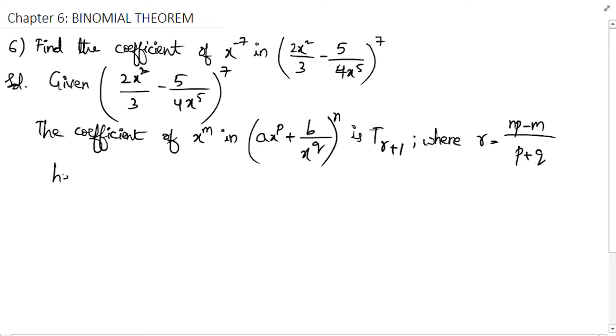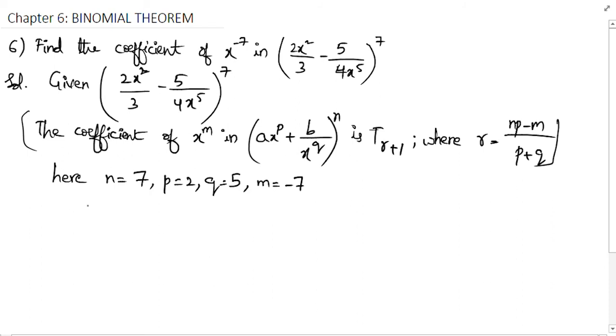So here n is equal to 7, p is equal to 2, q is equal to 5, m is equal to minus 7. When we compare our given expression with this formula, then we got this, okay.